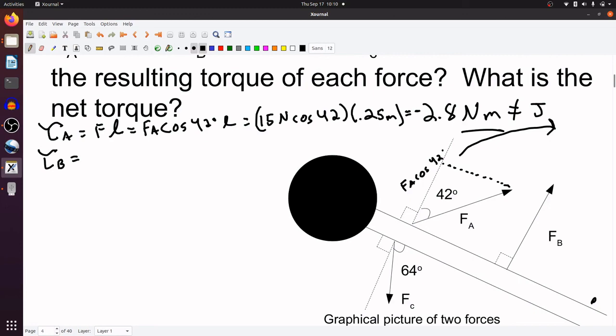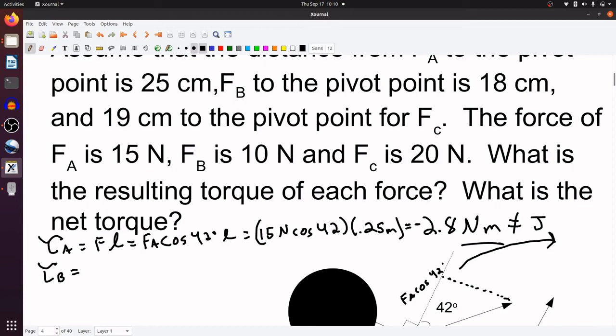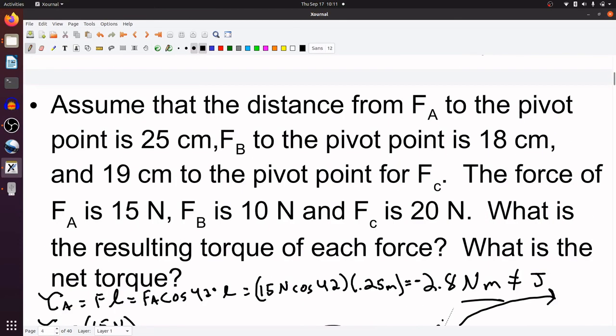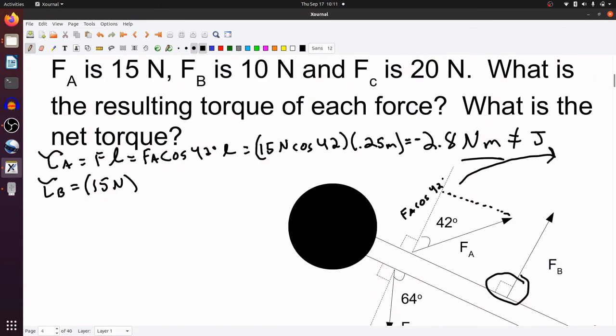All right, tau B. I take the force of B, which was 15 newtons. And this one is already perpendicular, so I don't have to worry about projecting it. And I just need to multiply by its pivot point of 18.